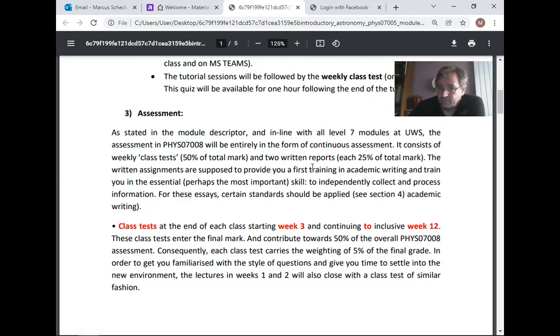Well, so the first essay will be about an observatory, which can be Earth-based or space-based. So the Hubble Space Telescope, or the Very Large Telescope, or the Extremely Large Telescope, or the Keck Observatory, or, now relatively up to date, the James Webb Space Telescope, the Planck satellite, whatever you choose.